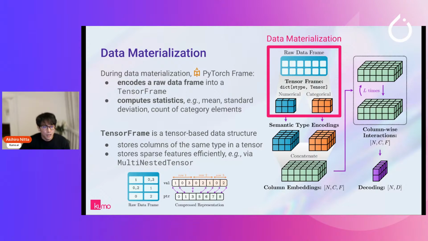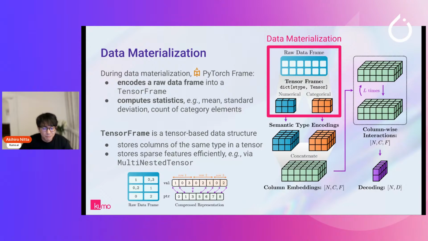One thing to note is that it doesn't just hold normal PyTorch tensors, but it also holds sparse features in our data structure called multi-nested tensor, which we will cover later as well.